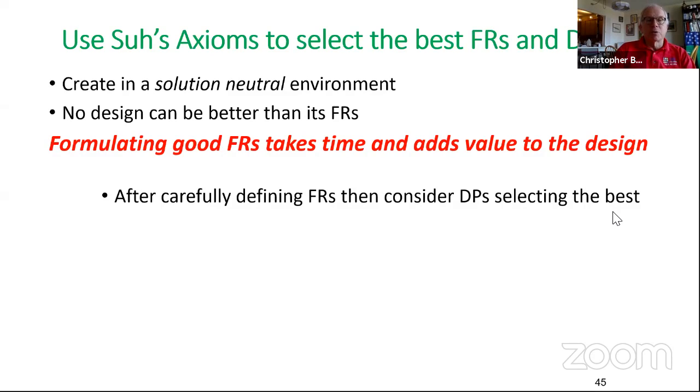Formulating good functional requirements is important. No design is going to be better than its functional requirements. Formulating these takes time, and it adds value to the design. And it is often difficult for managers to appreciate what a good decomposition has done for you and how much effort that is worth.